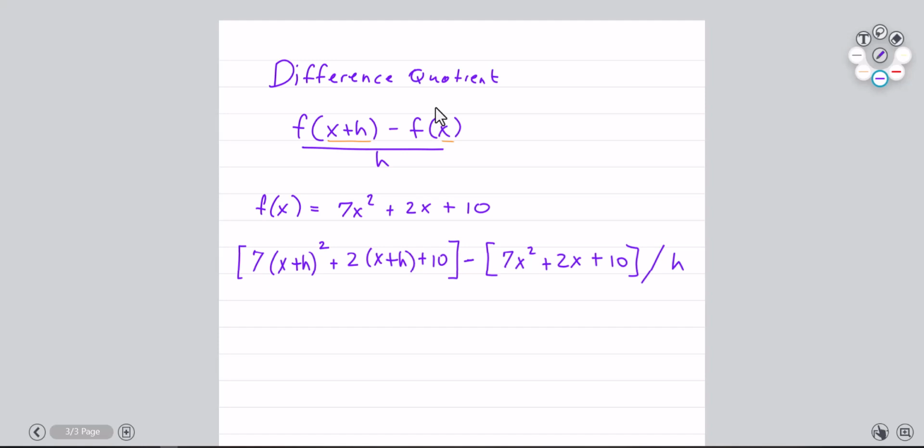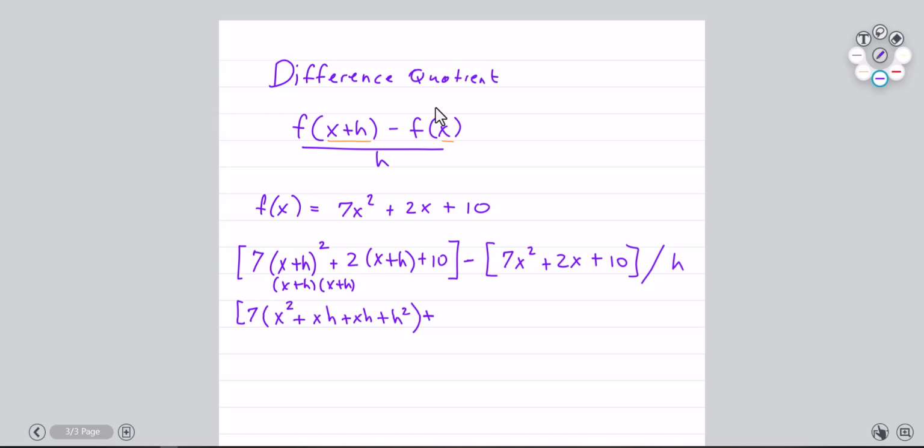So from here, we just start simplifying the algebra. Remember, x plus h squared is x plus h times x plus h. So I'm foiling it, which would be x squared plus xh plus xh plus h squared.